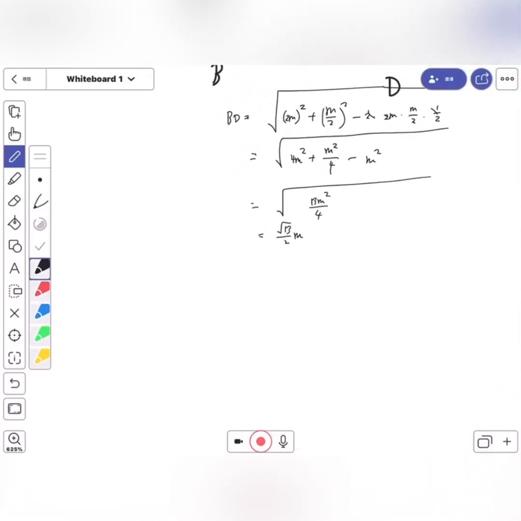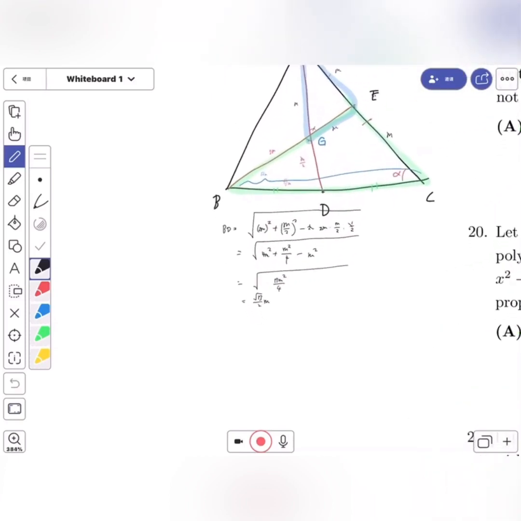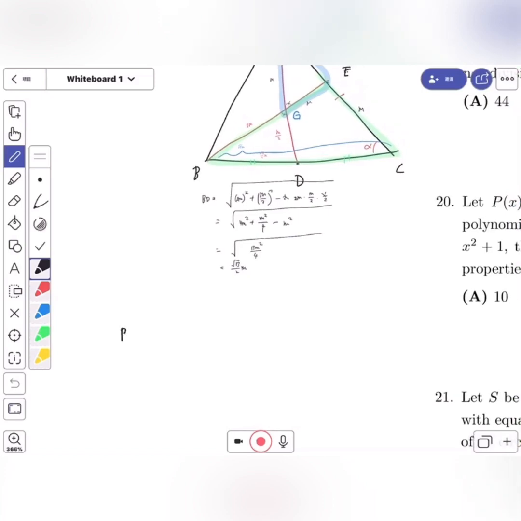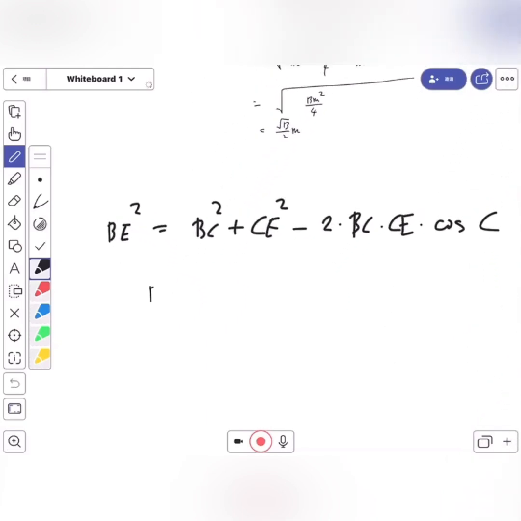I want to recall that BE squared is equal to BC squared plus CE squared minus 2 times BC times CE times cosine of C. So we can isolate this: BC squared plus CE squared minus BE squared is equal to 2 times BC times CE times cosine of C. And we isolate by dividing both sides by 2 times BC times CE.